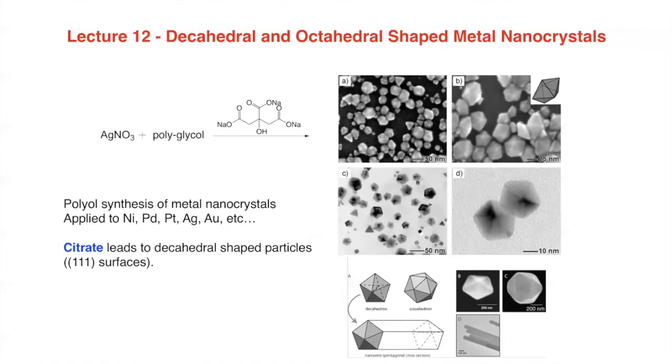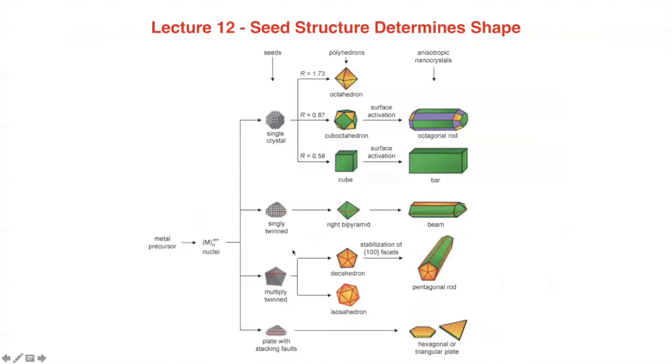Another thing I should mention is that these little decapods actually turn out to be good seeds for making other types of things. And so metal salt reduction produces nanoparticles often that then go on to very interesting shapes in the end. So for example, take this multiply twinned decapod here, which is 5 pieces of the metal.